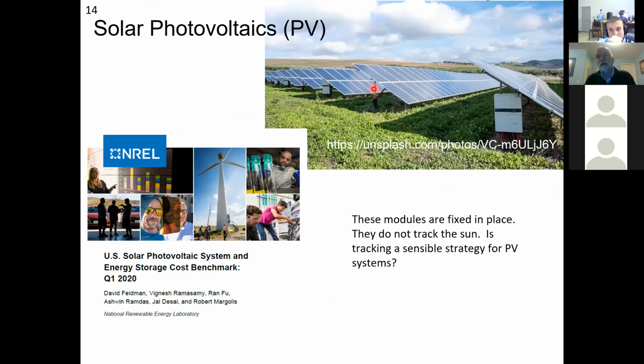And in many cases, it's an unfortunate fact of PV that solar farms are sometimes installed on productive land. So this solar installation here is probably preventing that land from being used for any other purpose.